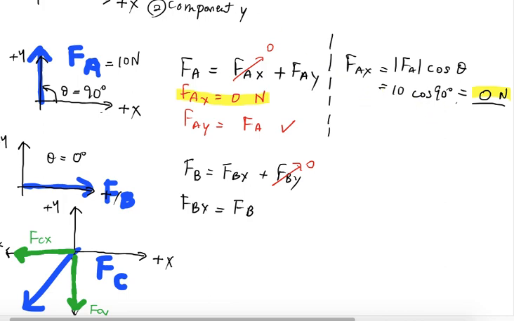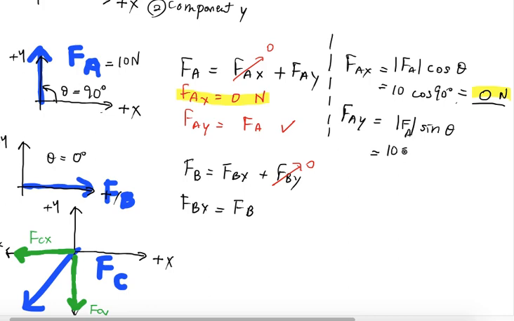Okay, so the next one is to calculate the y component. So you have to know that to calculate any y component, you have to take the main vector FA and you multiply it with sine theta. And in this case theta is 90 just now, isn't it?